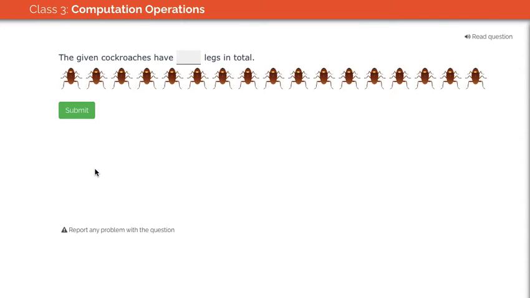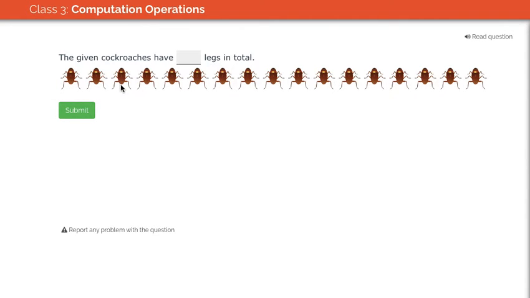Marvelous. The given cockroaches have how many legs in total? So let's count one cockroach's legs and multiply by how many cockroaches there are. 1, 2, 3, 4, 5, 6. 6 legs in each cockroach.